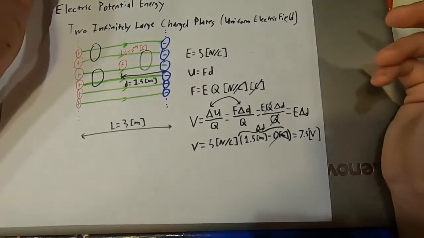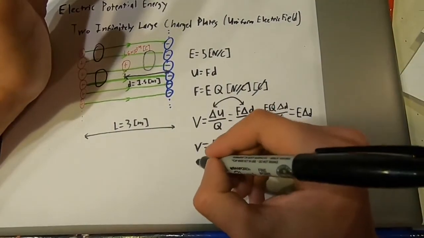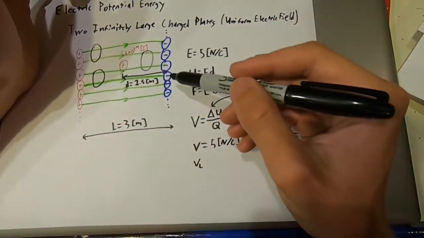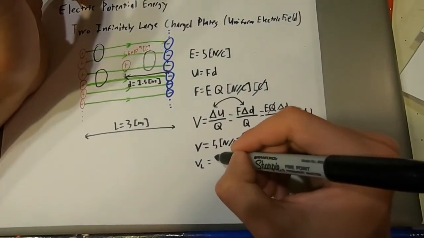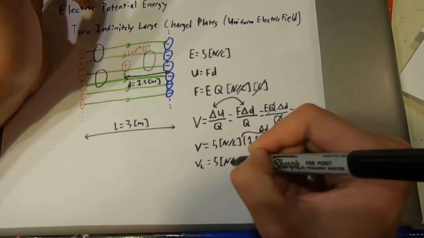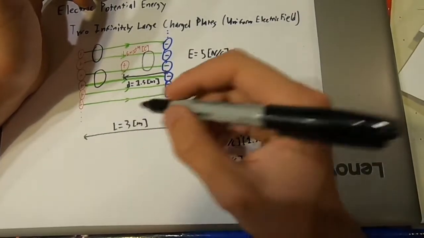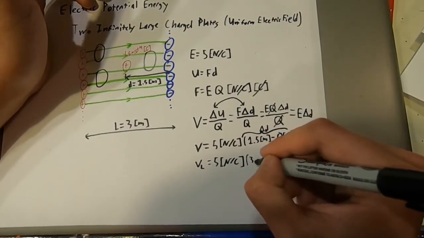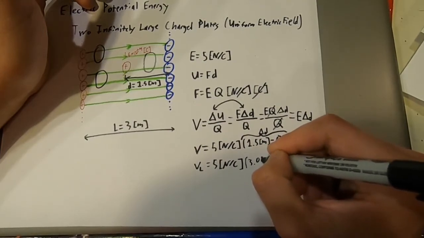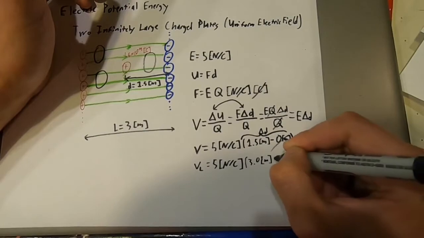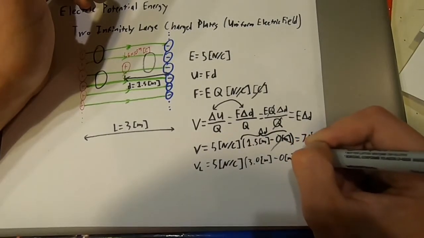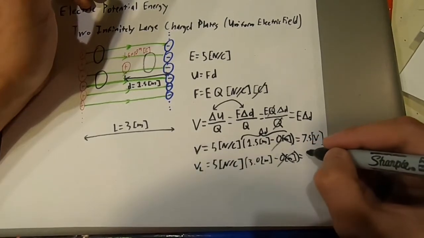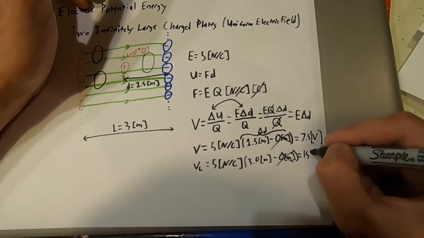So now if we were to try to measure the voltage across the entire length here, from the positive plate to the negative plate, that would be equal to 5 newtons per coulomb times 3.0 meters minus 0 meters, which would be equal to 15 volts, right?